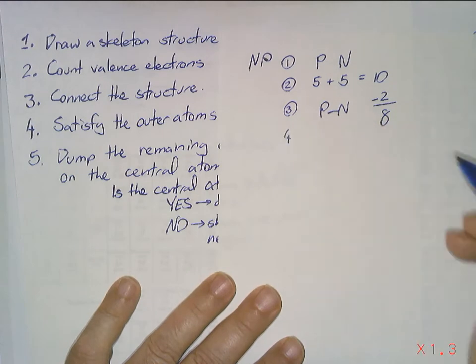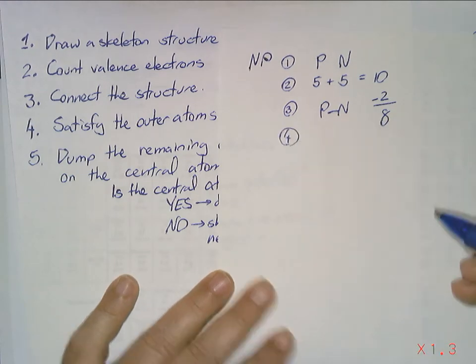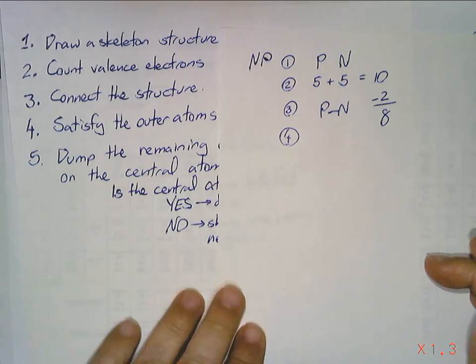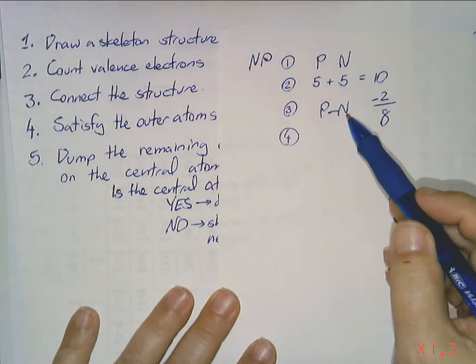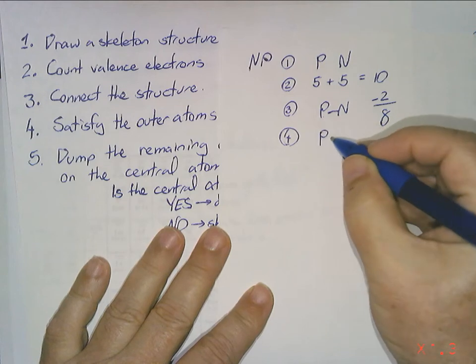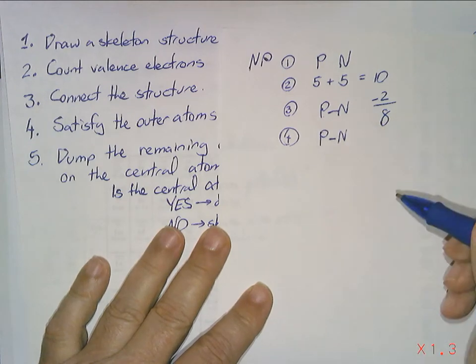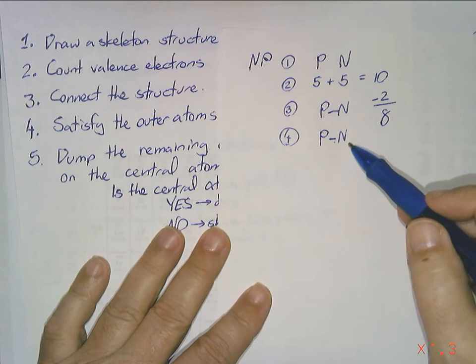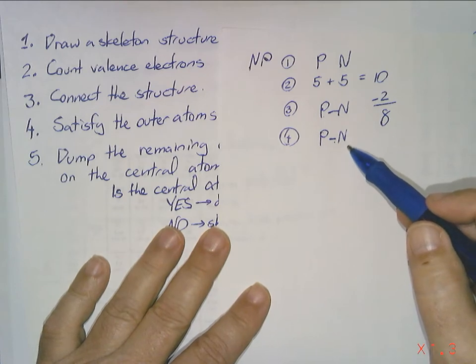Step 4. Satisfy all of the outer atoms. Okay, we decided phosphorus is the central one and nitrogen is the outer atom. So now how many more does the nitrogen want? It's got 2, and what does it want? It wants to get an octet. All of the elements, except for hydrogen, in a Lewis structure want to have a total of 8 around them.